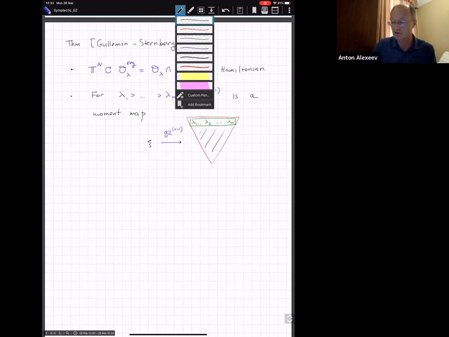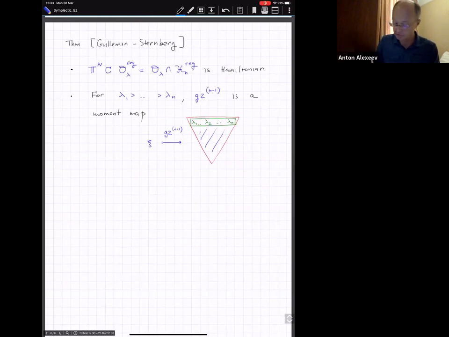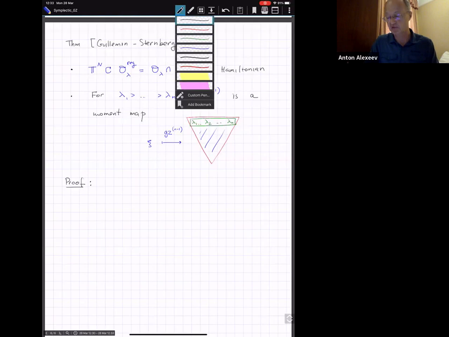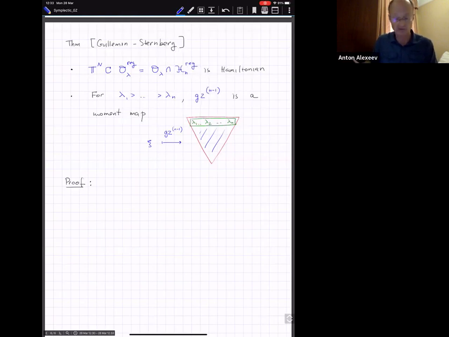So let me show you the proof of this theorem. So how does it work? So let me choose an element of the Lie algebra of TK. So I will be acting.